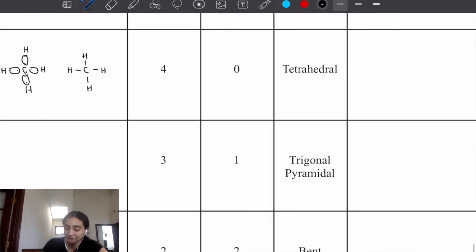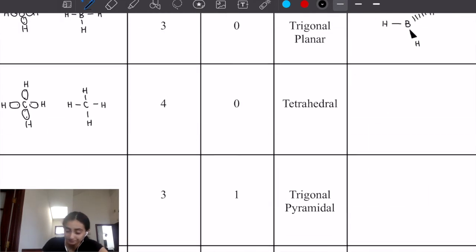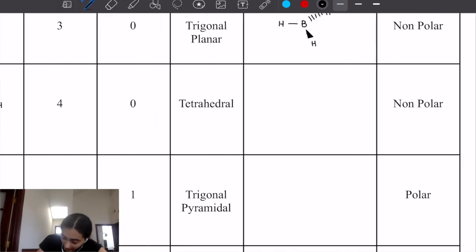This is called a tetrahedral VSEPR diagram. So the way I'm going to draw it is with 1 flat wedge, 1 coming out this way, 1 coming out this way, and 1 going back into the page here. And this one is also nonpolar.